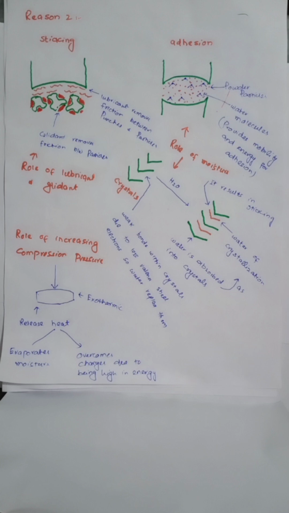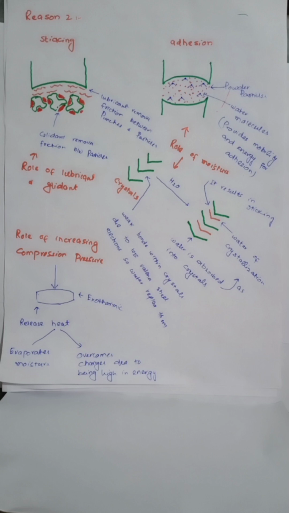But those drug particles which contain such atoms that have fewer valence shell electrons, like magnesium and calcium, so those powders which contain such atoms, in those crystals the bonds which exist within the crystals are weak due to fewer valence shell electrons.